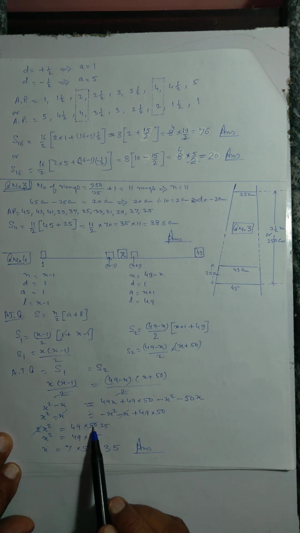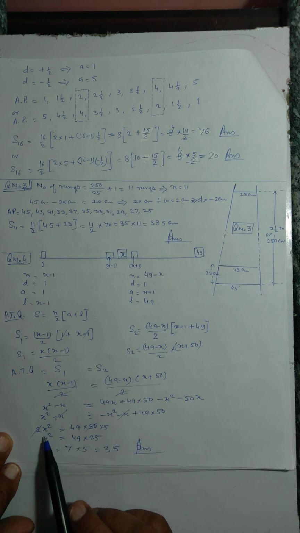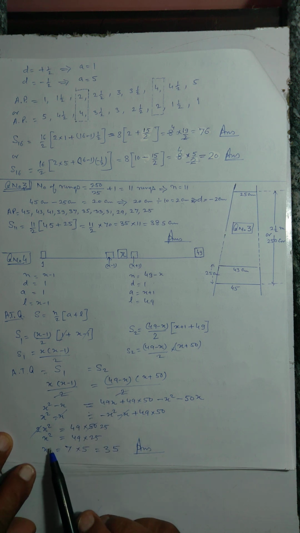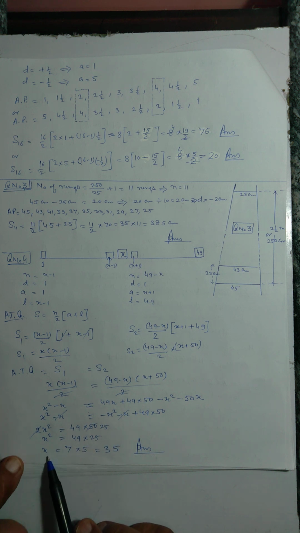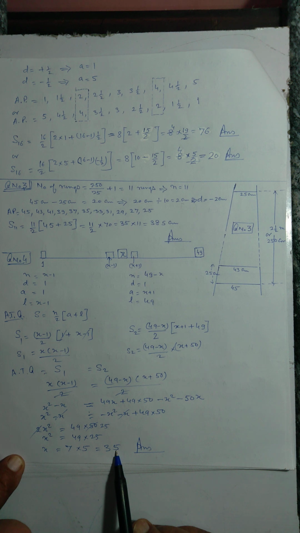Now cancel this 50 by 2, just divide it by 2. So you will get x square equal to 49 into 25. Take the square root of both the sides. You will get x equal to 7 into 5, that is equal to 35. So the value of x will be 35.